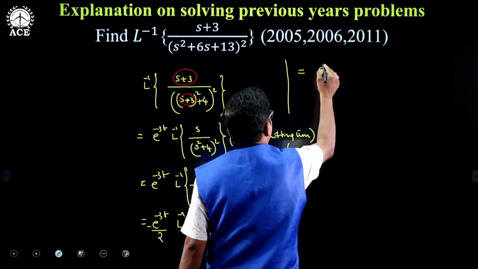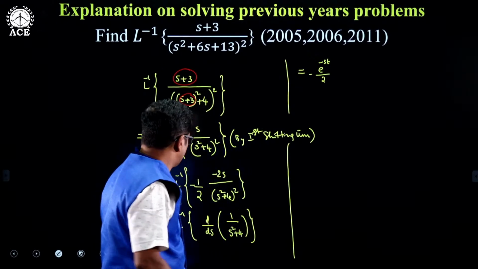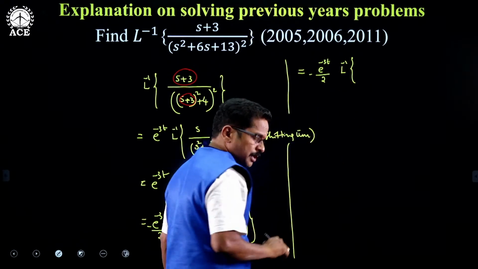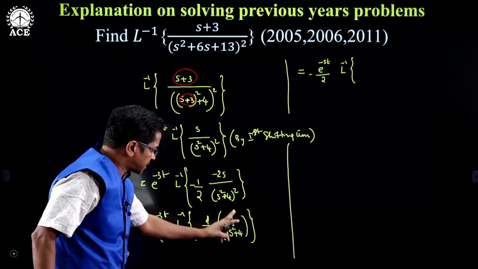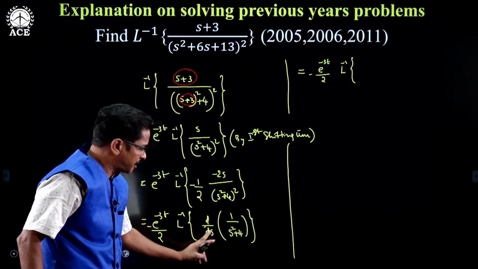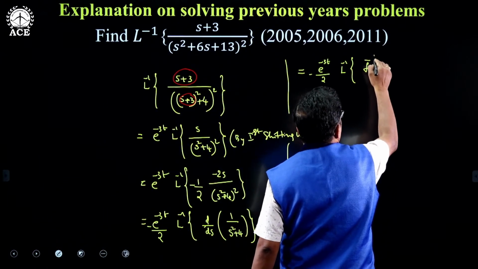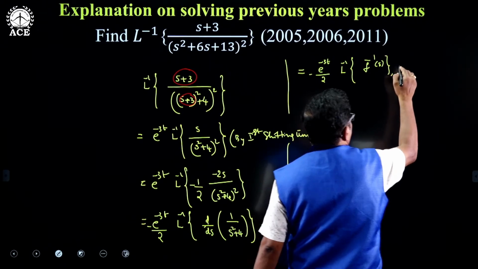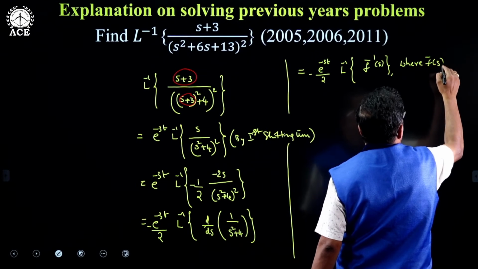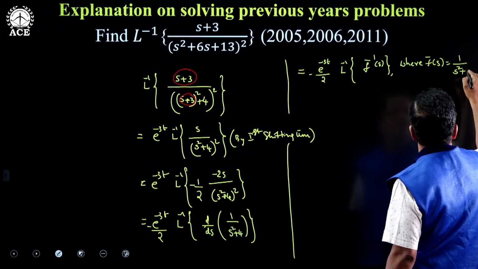If I take this as f bar of s, d by ds of f bar of s means f bar dash of s you will get, no? Where f bar of s equals 1 by s square plus 4, means 2 square.